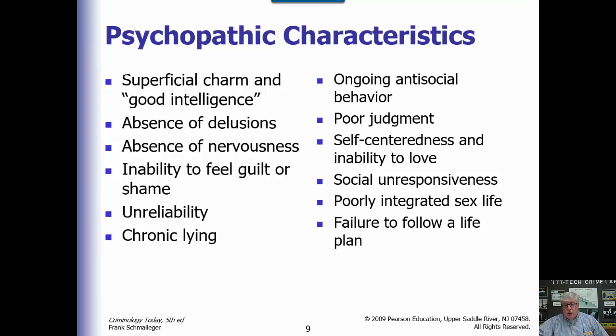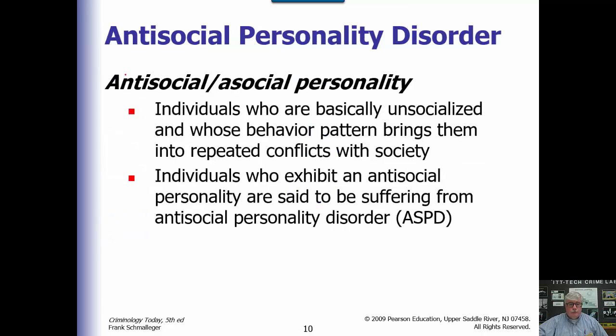No, they're not nervous. They don't feel guilt or shame. Generally not reliable, good at lying and chronically lying, ongoing antisocial behavior, poor judgment, and you see the rest. And you could probably look at people like Ted Bundy and some other people that have been diagnosed as psychopaths, and you can clearly see it. We'll look a little closer at Ted in class.